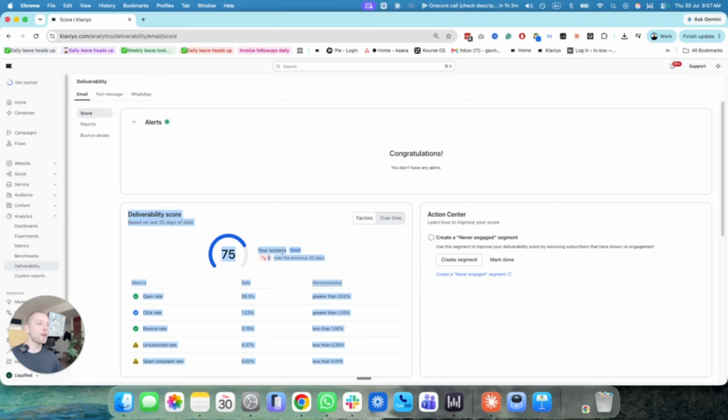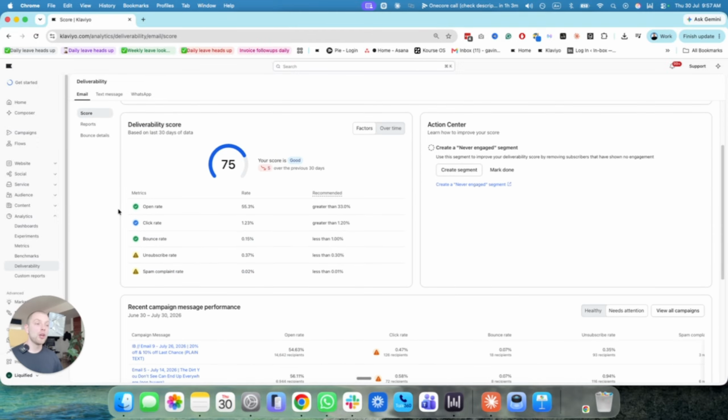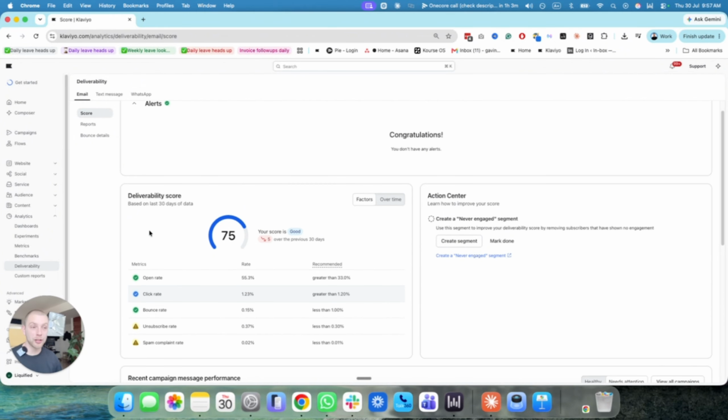And so this number and this average, while, for example, your flows might be performing very well from a deliverability perspective, if you're sending your emails to your entire database in your campaigns, it can pull this number down. So it's really important to understand that deliverability is a function of the types of emails and the segments you are sending to, not your account health as a whole.